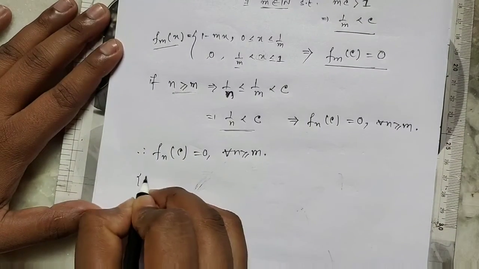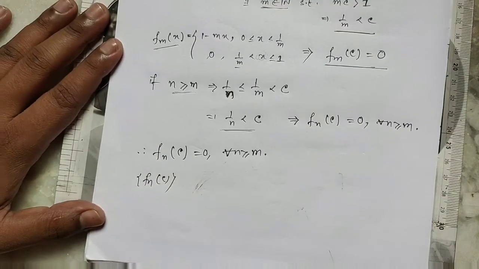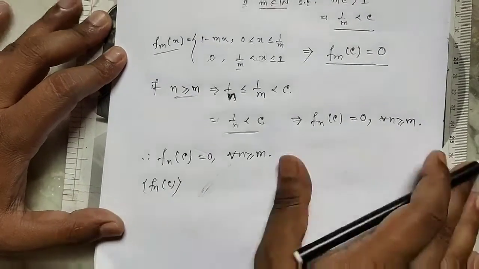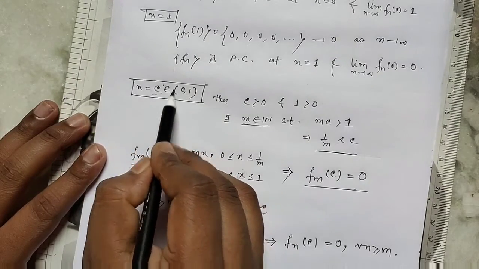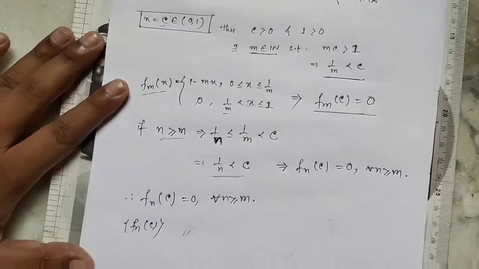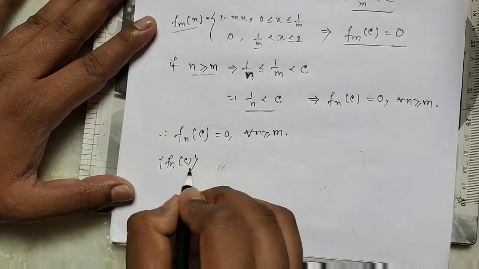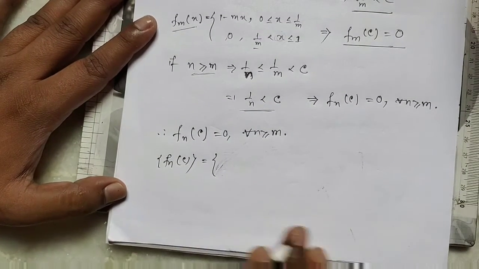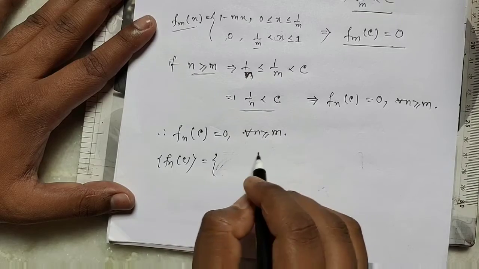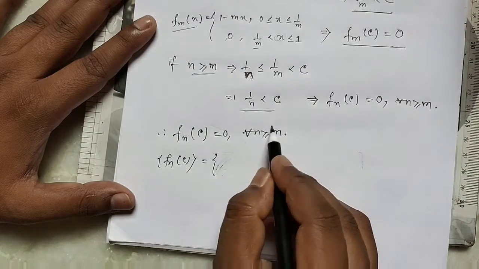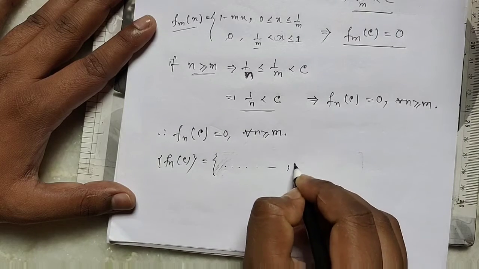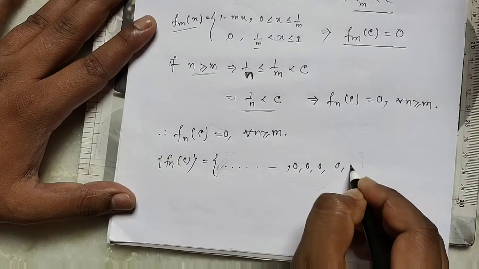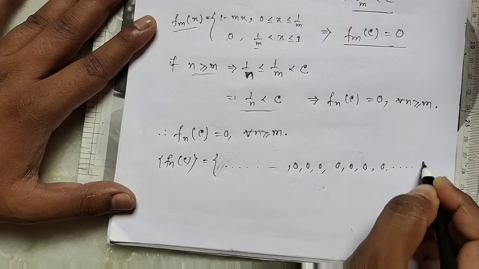So the sequence f_n(c) is a real sequence, because c is a particular point from (0,1). After the mth term all terms are 0: 0, 0, 0, 0, 0 and so on.